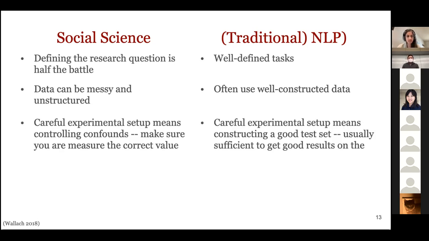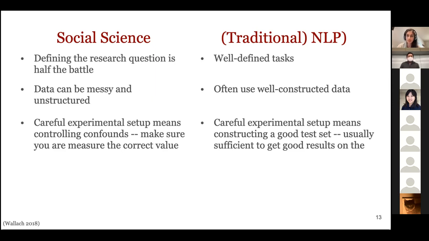Some of the other differences and considerations, and this is something that I'm going to focus on a lot today, is that in a social science setting, we really care about measuring the right value. And this matters a lot. We have to think about, could we be capturing some other related correlation, some value that's correlated with what we want to measure, but not actually what we're trying to measure.